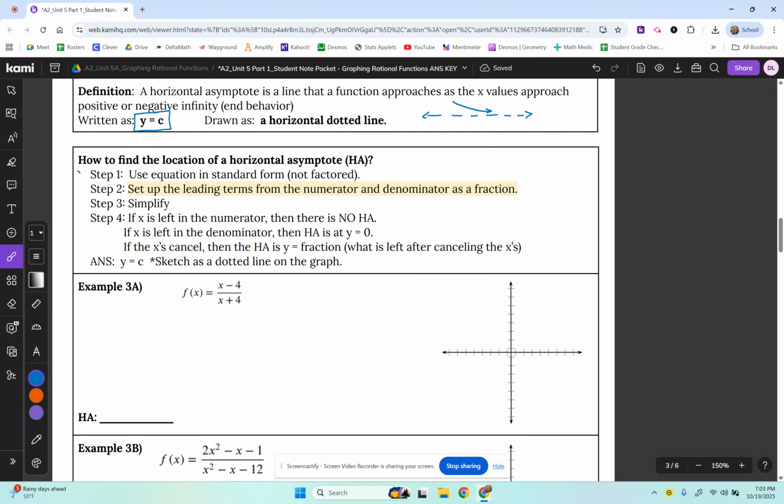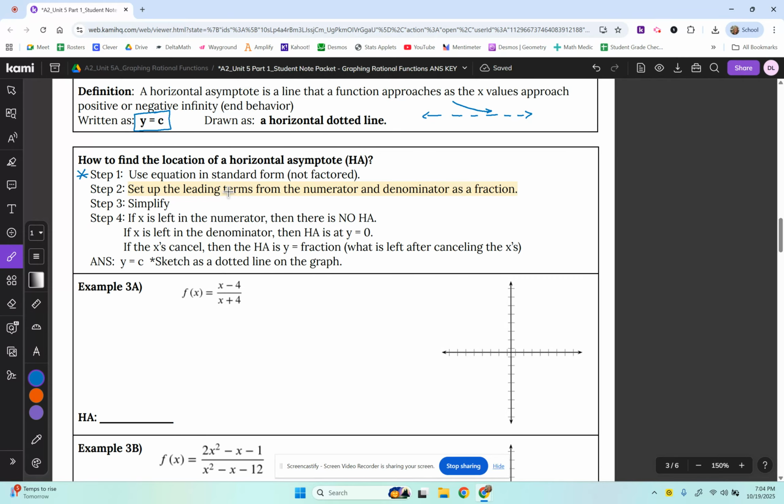For this particular property of our graph, we want to use the standard form, not the factored form. You can use factored form as long as you distribute, multiply through, and find the leading terms of each of the factors. But it's usually just easier to go with the standard form, especially if that's what we're given.